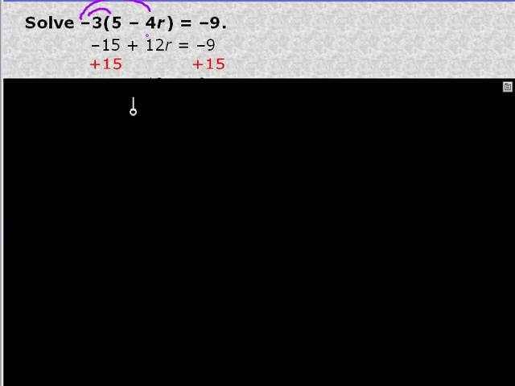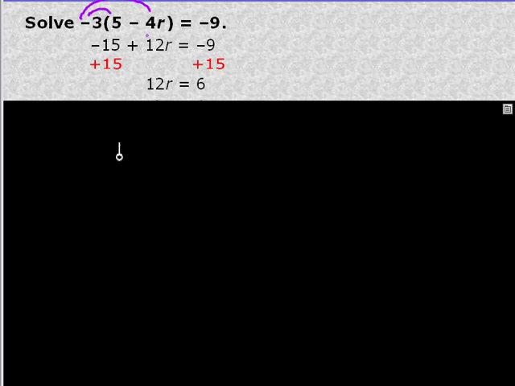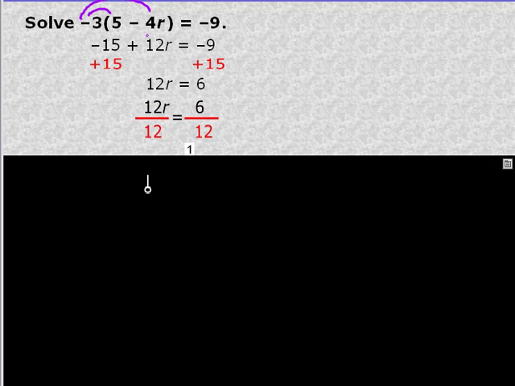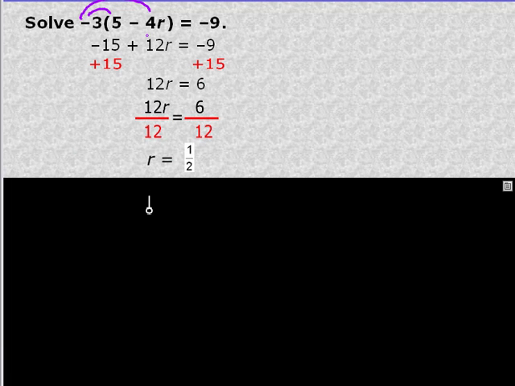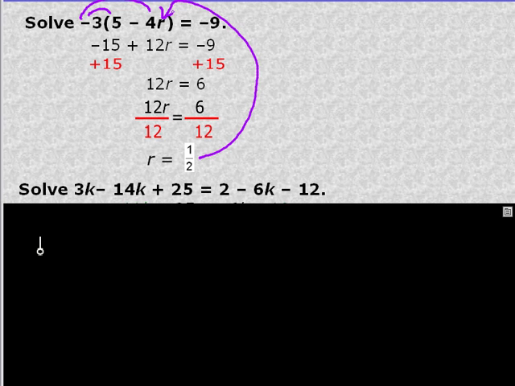Then you add your 15 and divide by 6 to solve for r. And you can always check by plugging this back into the original equation and making sure what you get is correct.